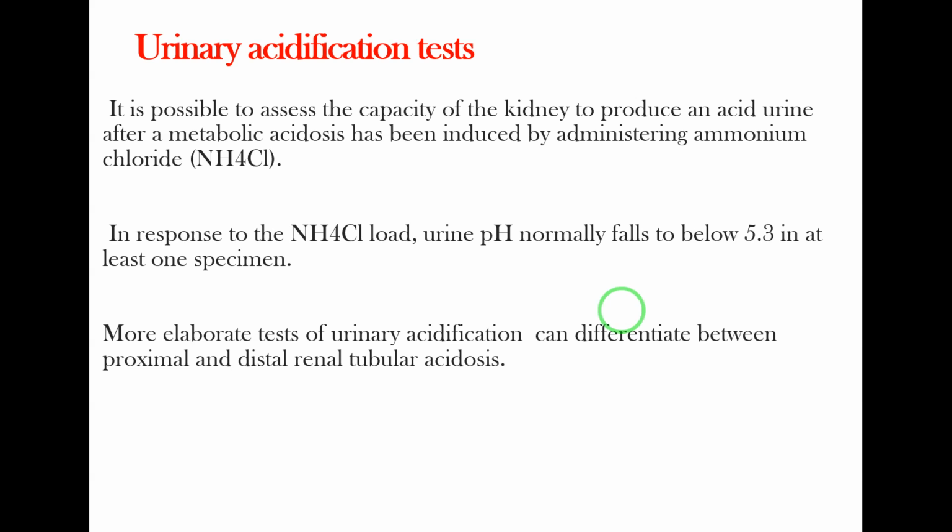Usually after an ammonium chloride load, the pH decreases to less than 5.3. If we take many samples, in at least one of them the pH decreases to below 5.3. In addition, we have more tests to define exactly where the acidification defect is, either in the proximal or in the distal part of the tubule.